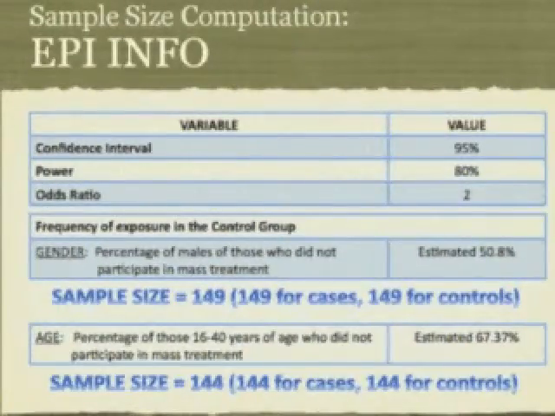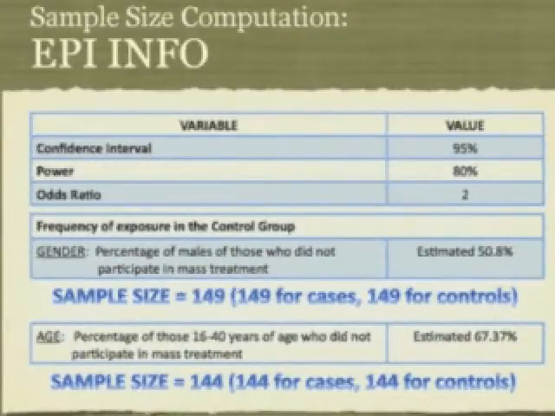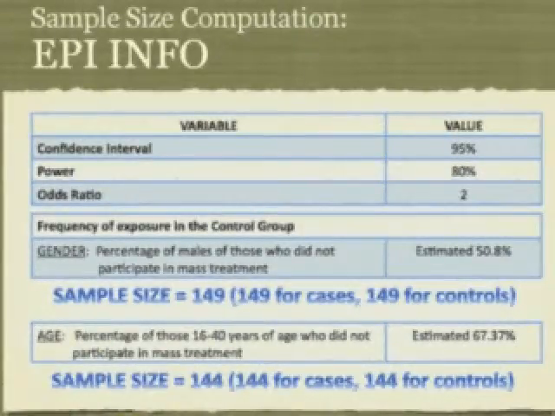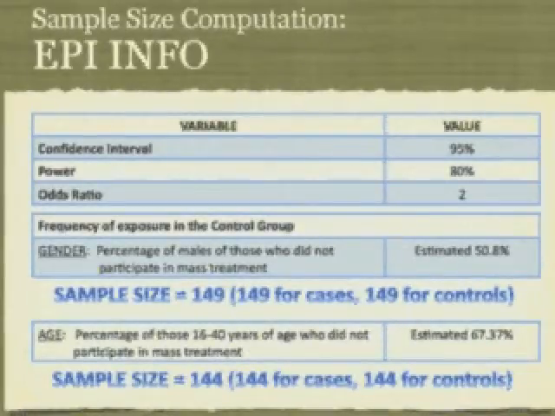Next, for the sample size computation, EpiInfo was used, a software application that has a feature for computing sample size given certain variables. As seen on this table, the sample size of the study can be computed in two ways. The first three variables given are a confidence interval of 95%, power of 80%, and odds ratio of 2.